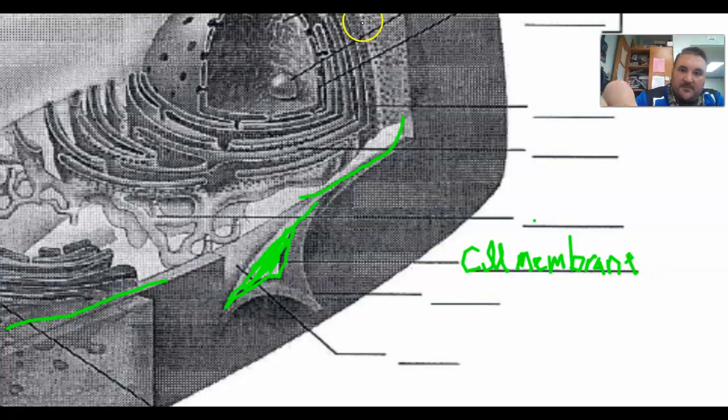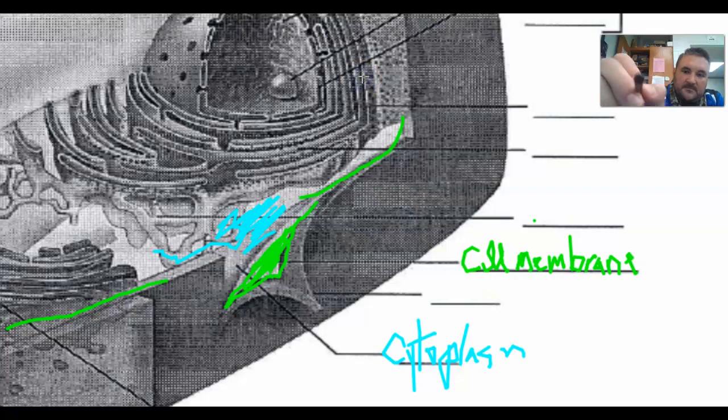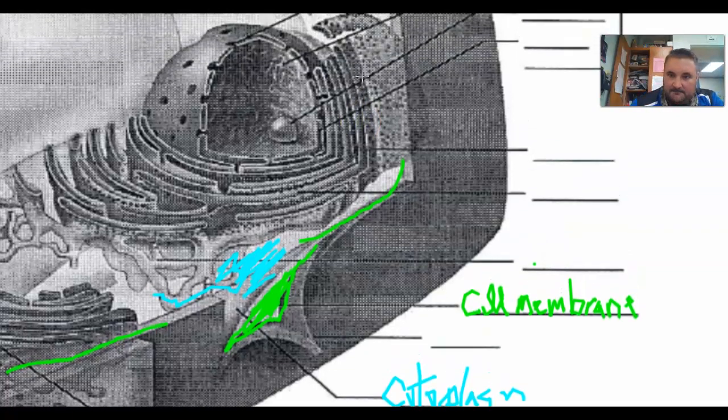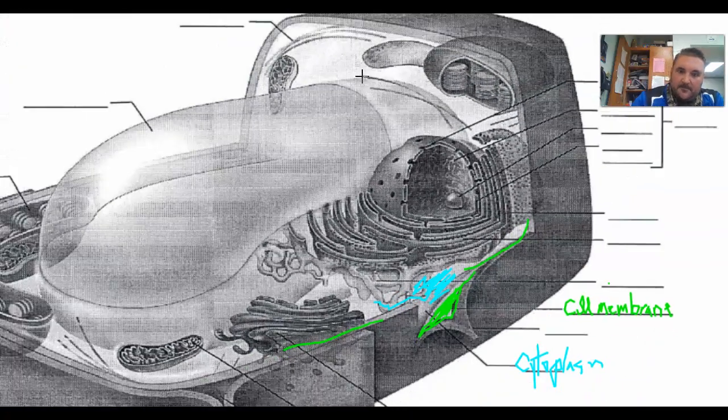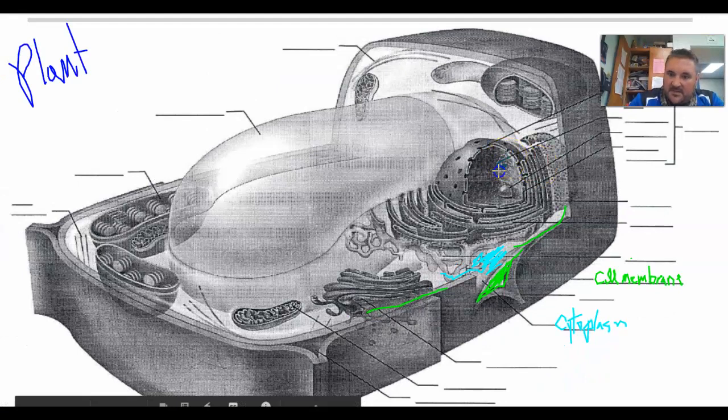The cytoplasm, which is the liquid, is actually this clear fluid in here. And our DNA is in here, and that, if you remember, is called our chromatin.